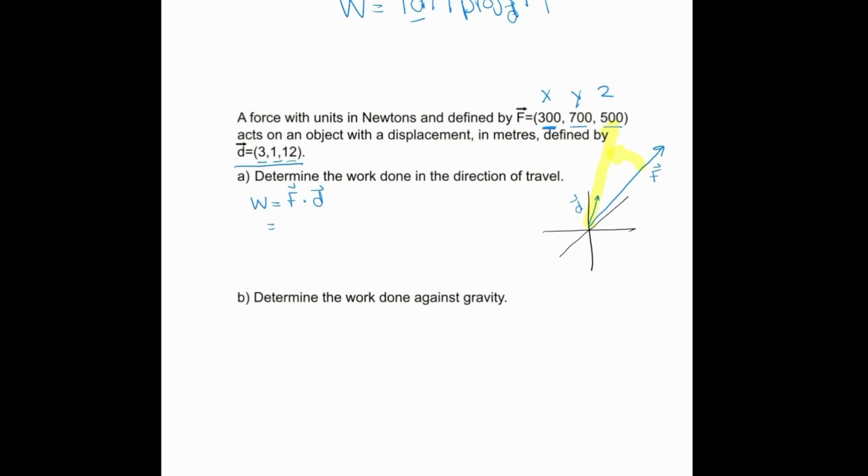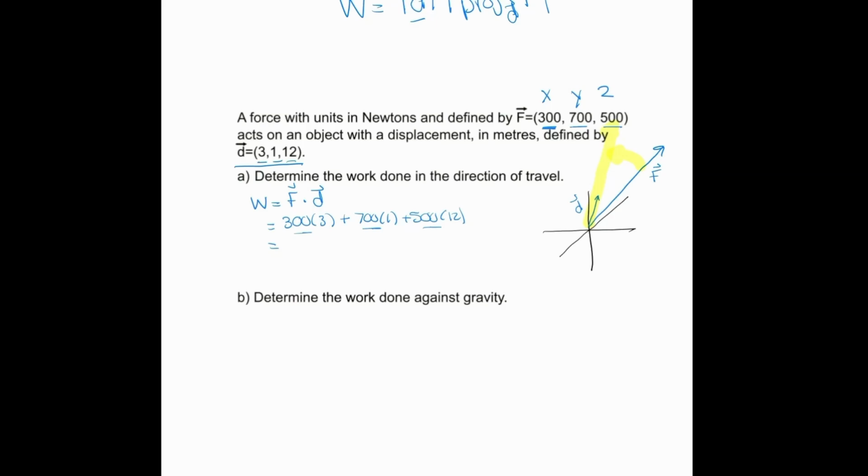So we have 300 times 3 plus 700 times 1 plus 500 times 12. Really, it's 300 newtons in the x direction, 700 newtons in the y direction, and 500 newtons in the z direction, if we wanted to think about it that way.